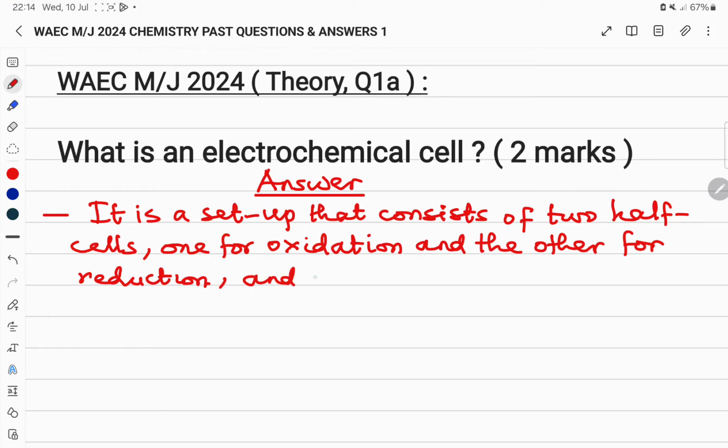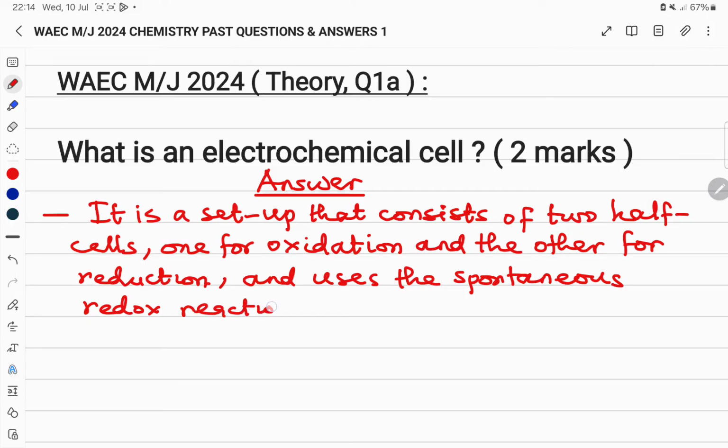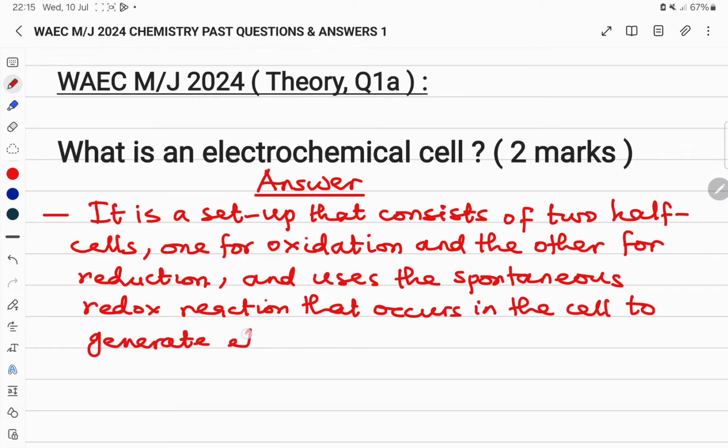And it uses the spontaneous redox reaction that occurs in the cell to generate electricity. There's the first way you can define electrochemical cell.